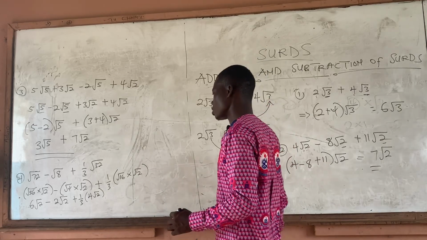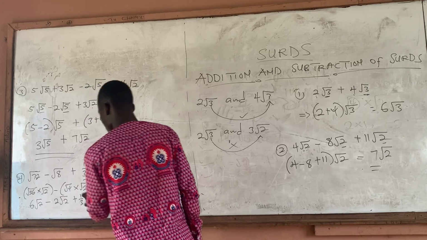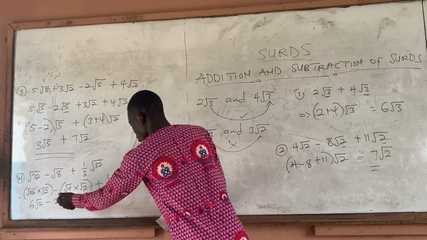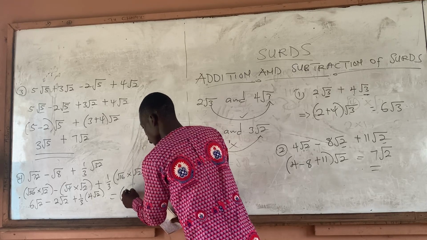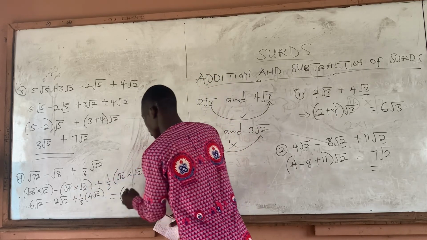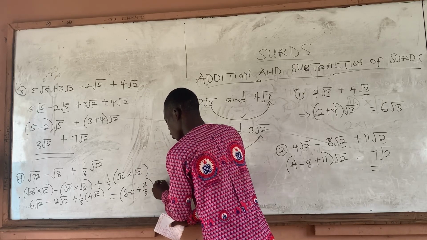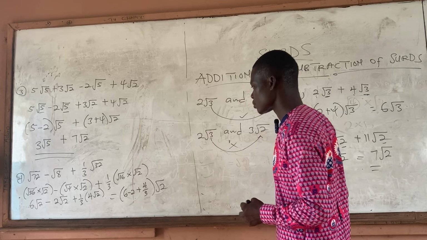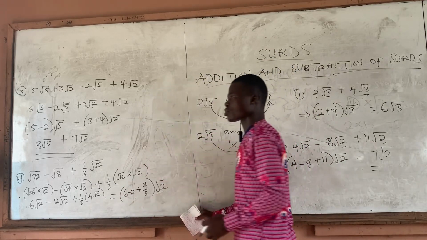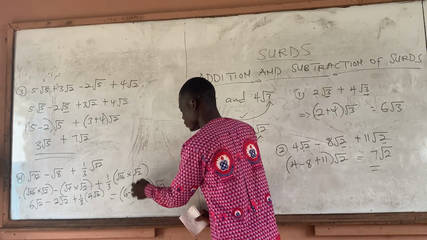On this note, we have root 2, root 2, root 2, meaning we can add and subtract. Let's check the coefficients. We have 6 minus 2, and here, 1/3 of 4 is plus 4 over 3, root of 2. Now 6 minus 2 is 4. So 4 plus 4 over 3.